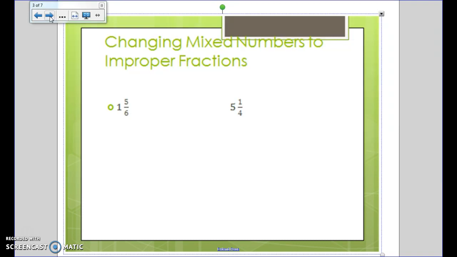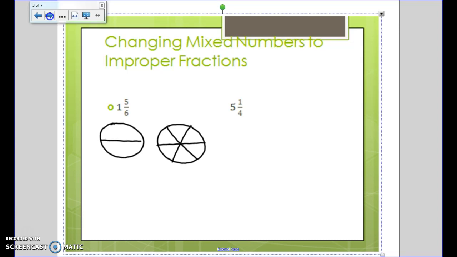And so what I'm going to do is sketch on my whiteboard here the amount of wholes and the amount of the next whole. So in this case, 1 and 5/6 is saying 1 whole and 5/6 of the next whole. And so the trick is going to be for Mr. Gillum to divide this evenly into sixths here. All right.